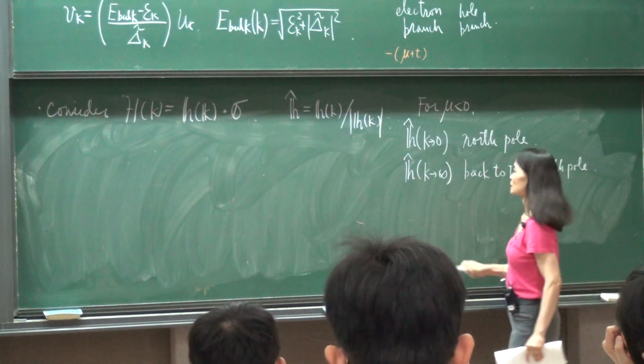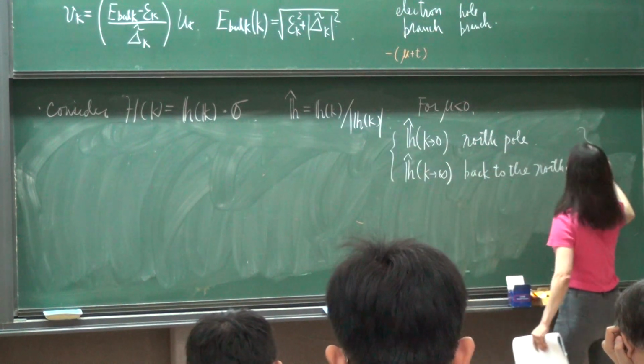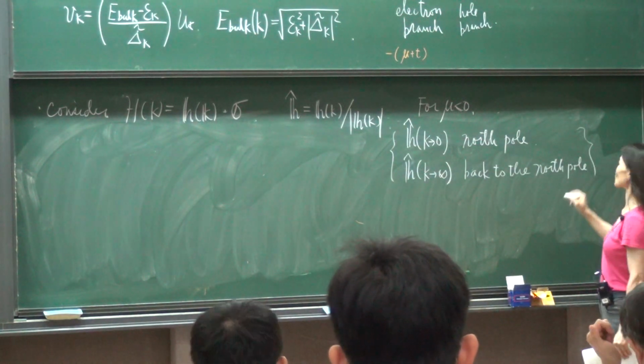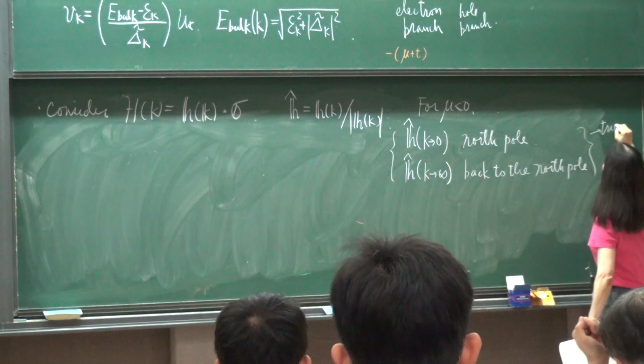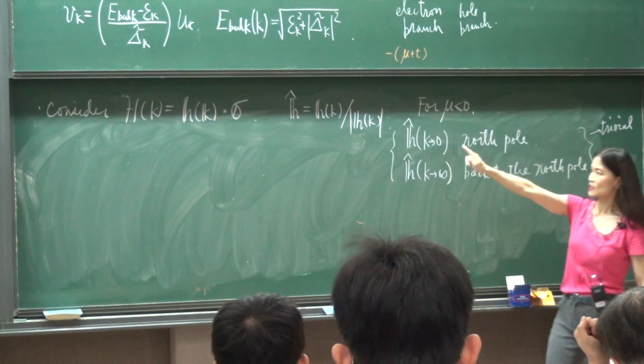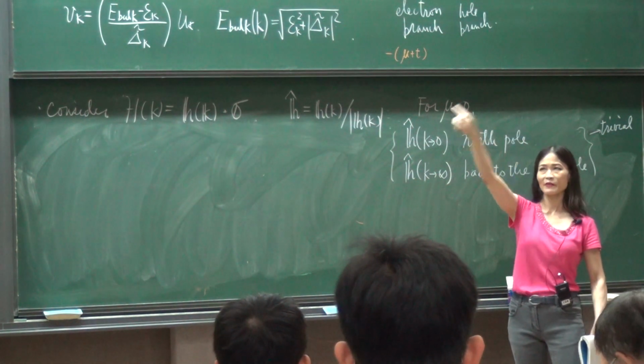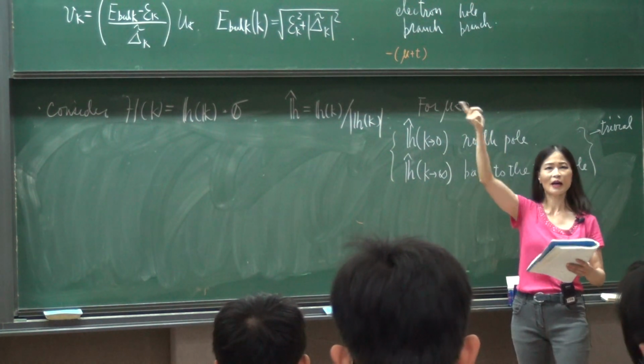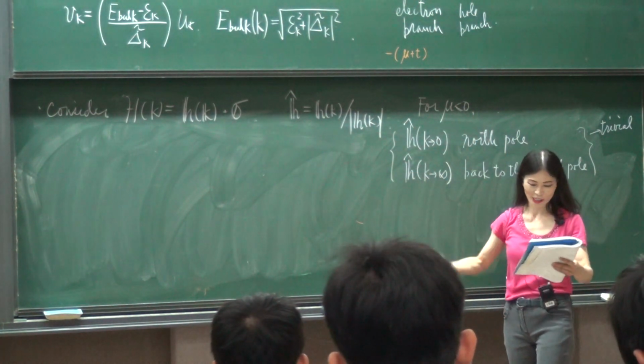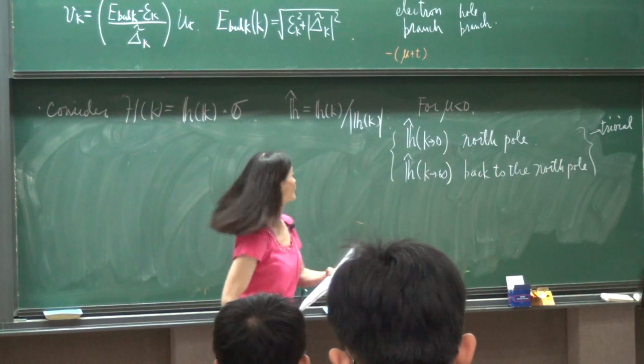So what is this telling you? This is trivial, right? When I consider this vector, it goes around and eventually goes back to itself, I'm doing nothing. So it's a vain effort, right? So it's topologically trivial.